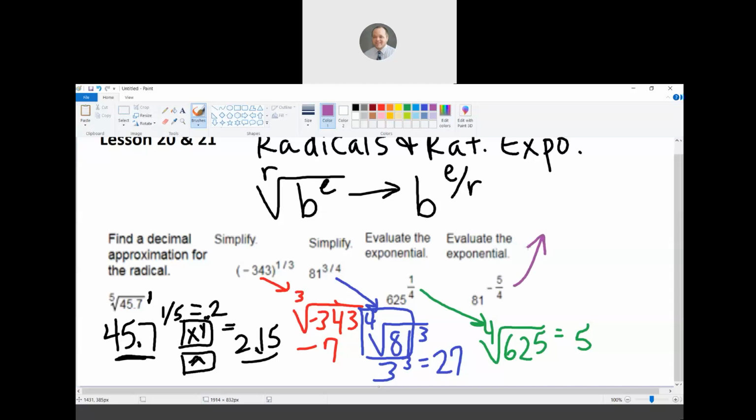If you have a raised to some negative x power, then that's the same thing as 1 over a to the positive x power. So it's actually a reciprocal. Using this exponent law, let's rewrite our problem as 1 over 81 to the 5/4 power.